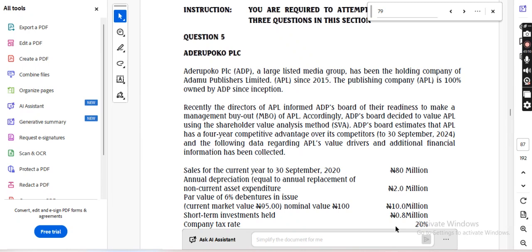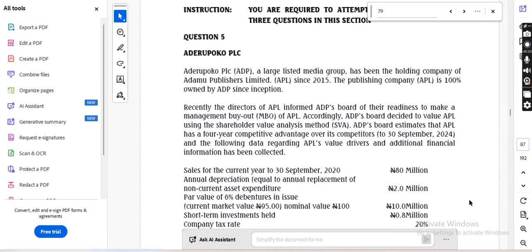Then the question is, what is management buyout? Management buyout, you are selling part of the business, you are selling APL to the internal management class, to the internal what?